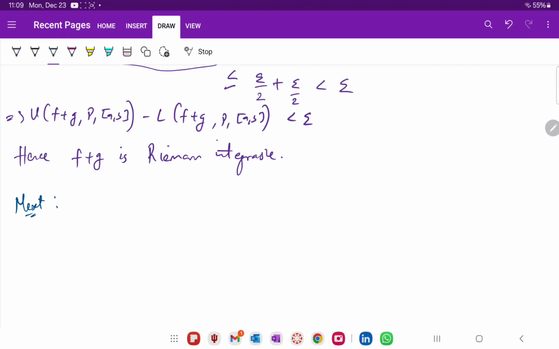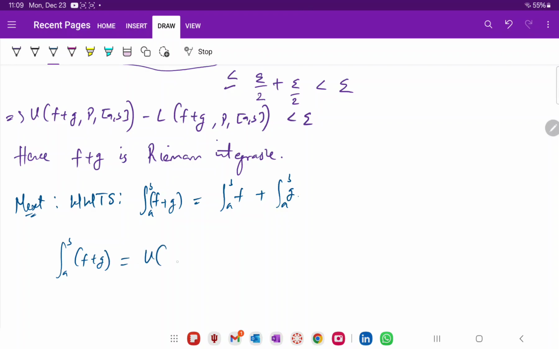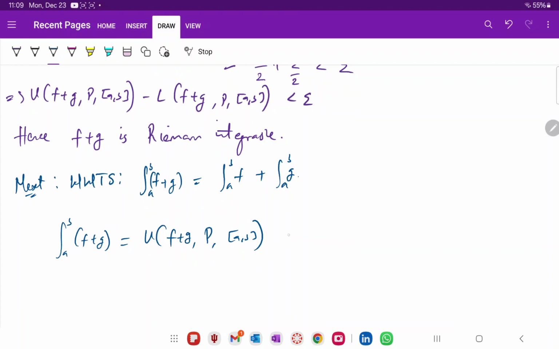Next, we want to show integral AB of F plus G is equal to integral AB of F plus integral AB of G. So integral AB of F plus G, that implies F plus G on A comma B. Okay, and that also implies F plus G on A comma B.